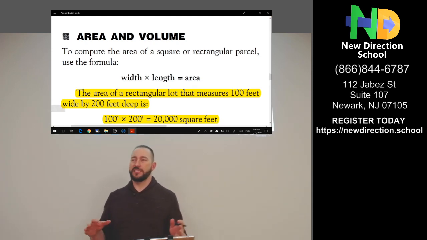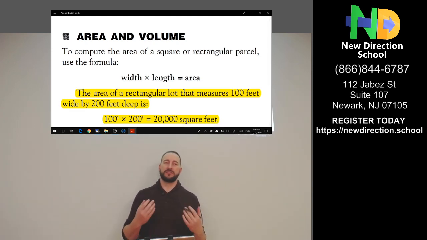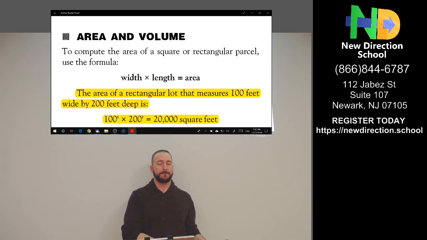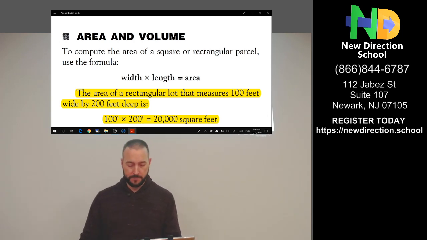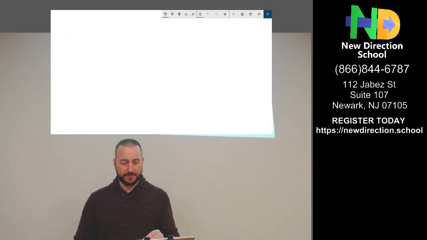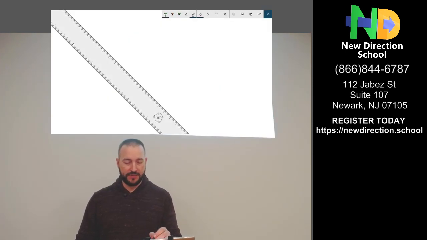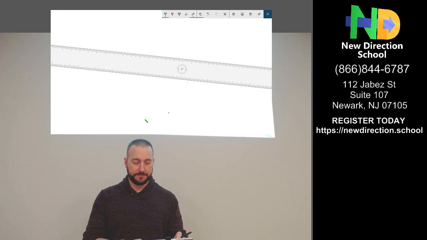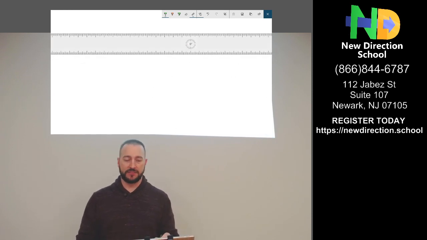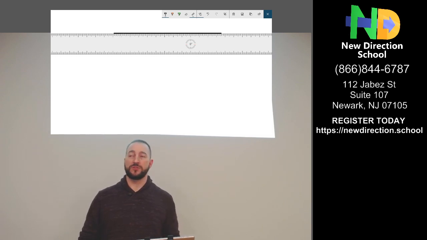Now, what I've done to make it simple for you guys, I created a system similar to the steering wheel. It's in your cheat sheet. And instead of having a steering wheel, because there's 3 elements, the concept is exactly the same. There are 3 elements to area, which is width, length, area.